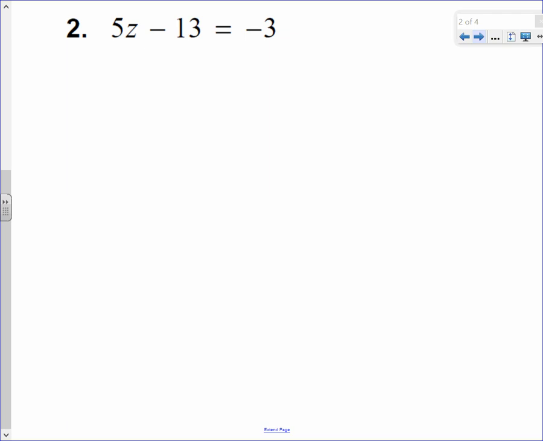How do we get rid of 13? Inverse operation? Let's add that. We're doing the opposite of subtraction. Inverse, inverse, inverse. What am I doing? My coffee hasn't kicked in yet.